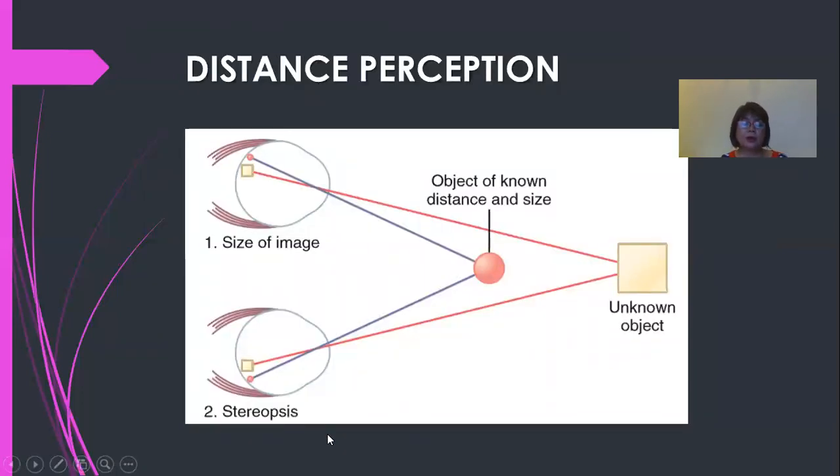There is also, how do we perceive distance? Or stereopsis. It depends on the size of the image, and it also depends on where it falls on the retina. So a distant object falls on this side of the retina, while a nearer object falls on this part of the retina.